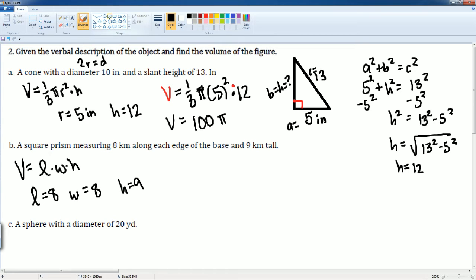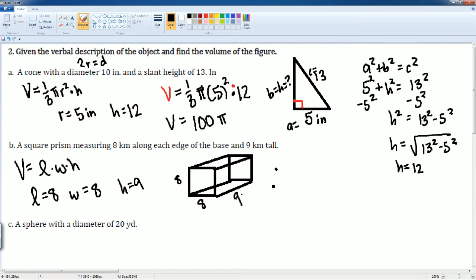Okay, if you want to see how it looks, it looks something like this. It is 8 by 8, and that tall is 9.